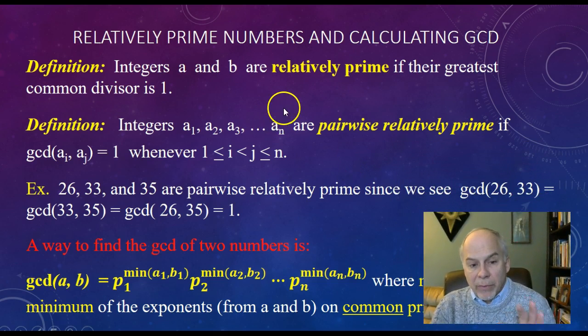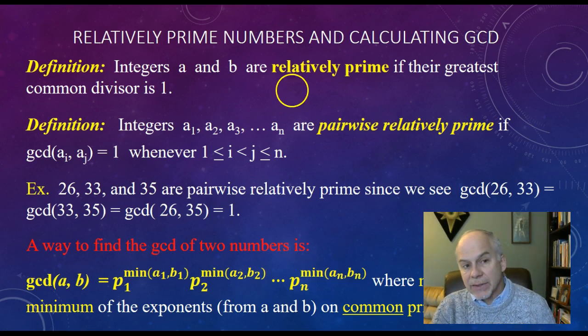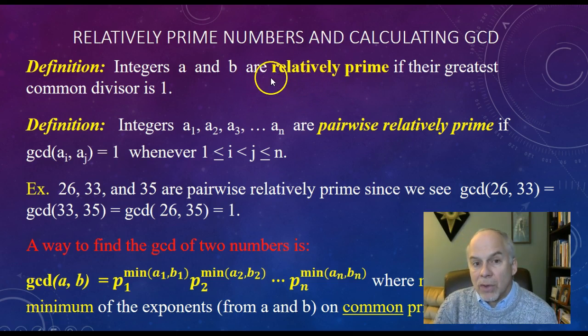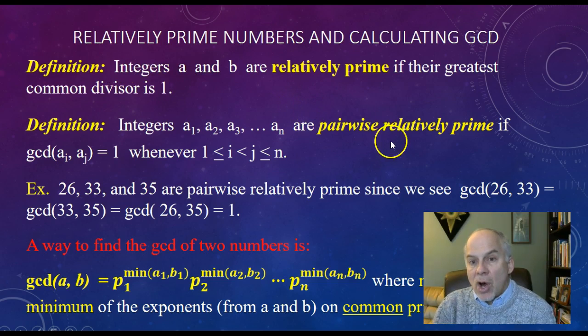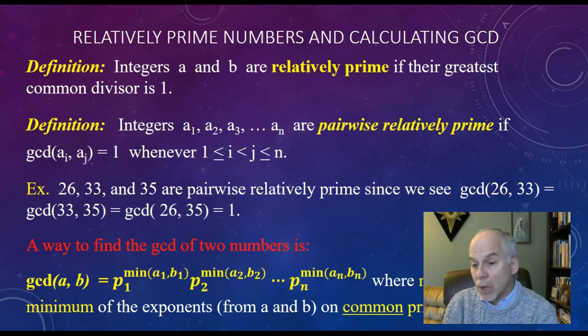Now first, before we look at a way of calculating the greatest common divisor, let's look at what's called relatively prime. Integers a and b are relatively prime if their greatest common divisor is 1. So in other words, they don't have any other common divisors besides 1. Of course, 1 will always be a divisor of any number, but if the greatest common divisor of the two numbers is 1, that means they don't have any other divisors besides 1.